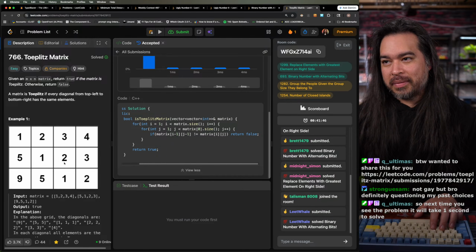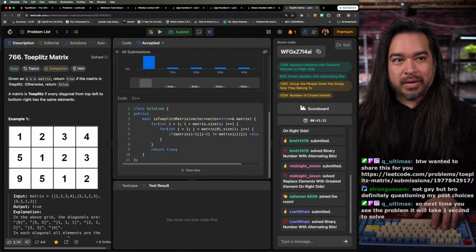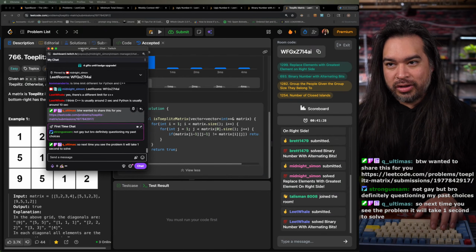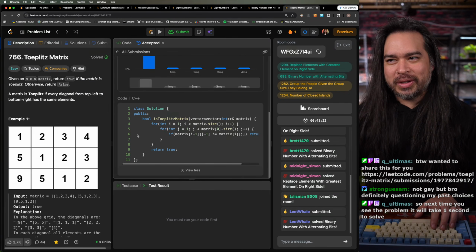Oh, yeah. That is a nice way to do it, Q. I literally put them in their diagonals. I didn't think to do something like this. Strong, use them. What are you talking about, man? Anyways, welcome.